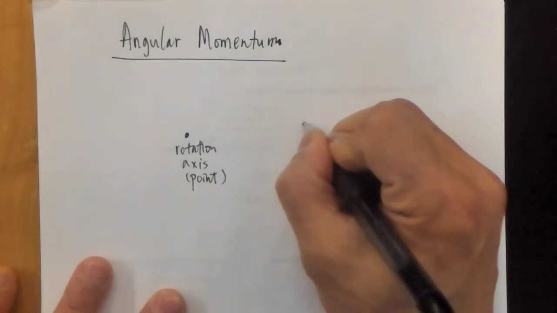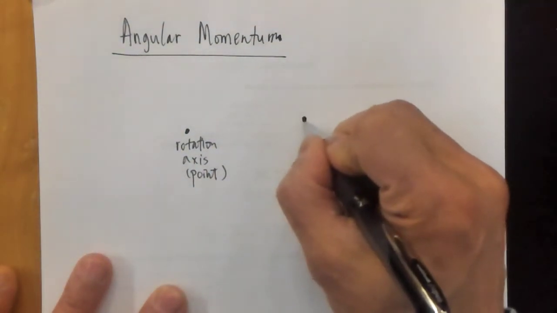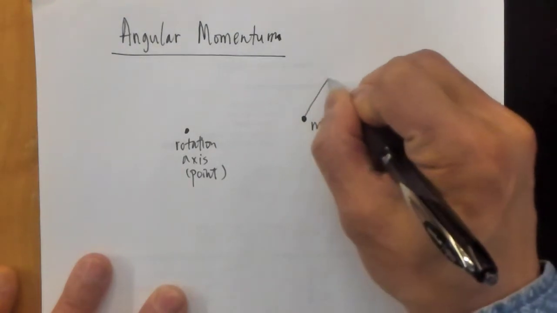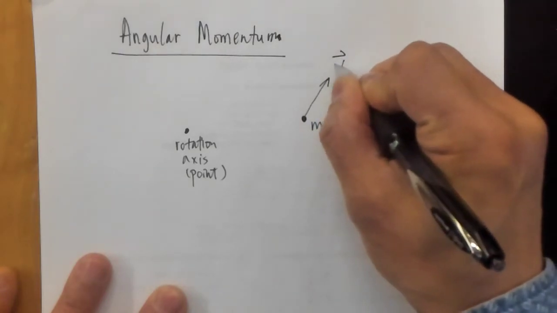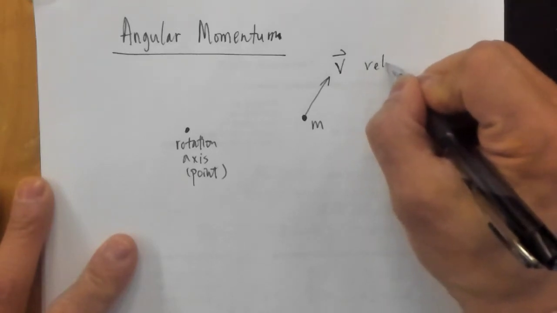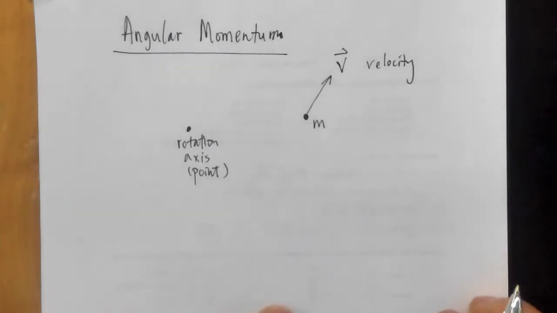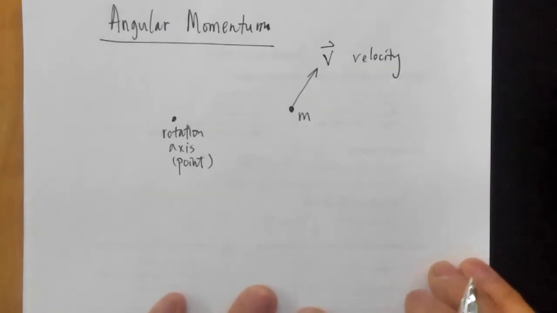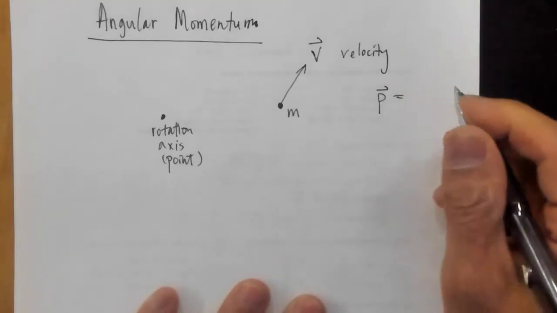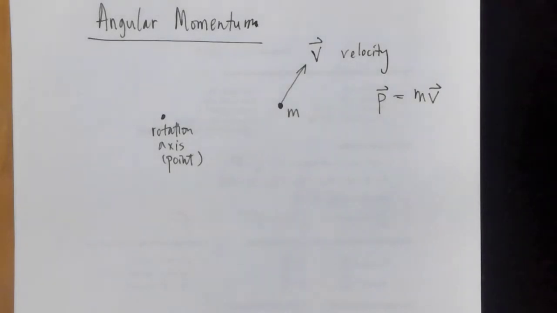And let's say we have a particle. So this is just a rotation axis, and this is an actual thing, a particle. And it has a mass m. And let's say it's moving with a velocity v. We've learned already there's something called regular momentum, and that's small p, lowercase p, equal to m times v, mass times the velocity.